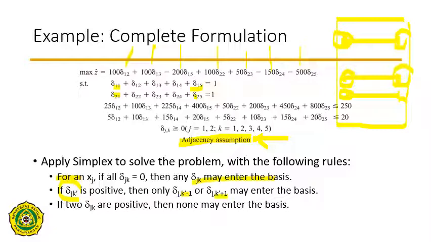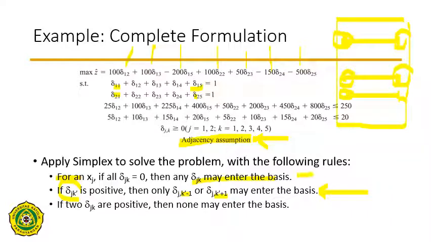So if you recall in the simplex algorithm, in each step, we try to select one variable as the entering variable. Now, what this point says is that if delta jk prime is already positive, or is already a basic variable, you may only choose delta jk prime minus 1 or delta jk prime plus 1. So you cannot choose the delta jk that is far away from what you have so far.